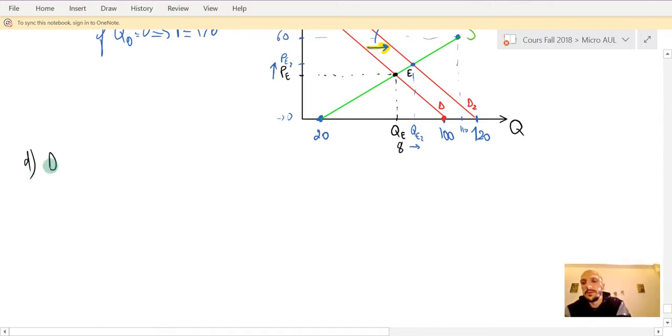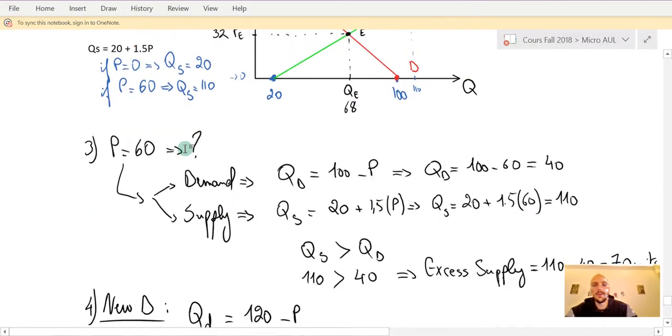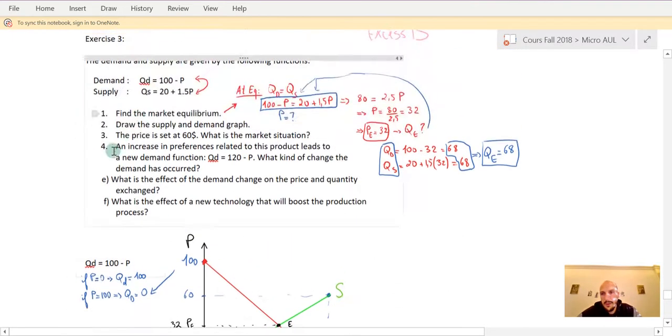So هون حنقول إنه أول شيء demand shifted to the right. So the effect هيكون according to what we have seen concerning the price. We have an increase in the price and also on the quantity, an increase in quantity exchanged. Both price and quantity have increased.